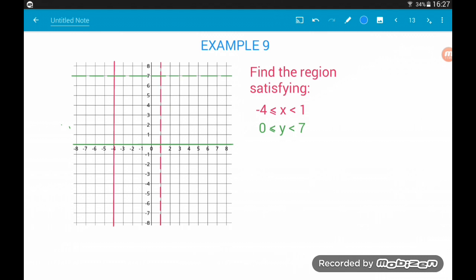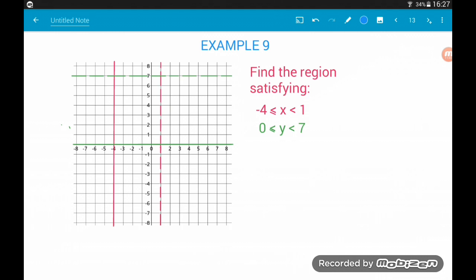So we've drawn two red lines, one at x equals minus 4 and one at x equals 1. Now the x equals 1 line is dashed because it's a strict inequality, but the x equals minus 4 line is a full line because it's allowed to equal minus 4. So we already know then that the region we're interested in is between the two red lines.